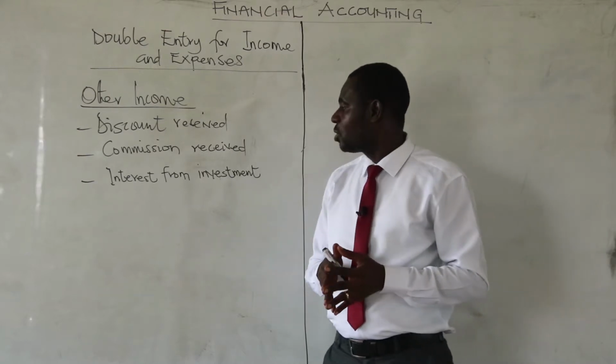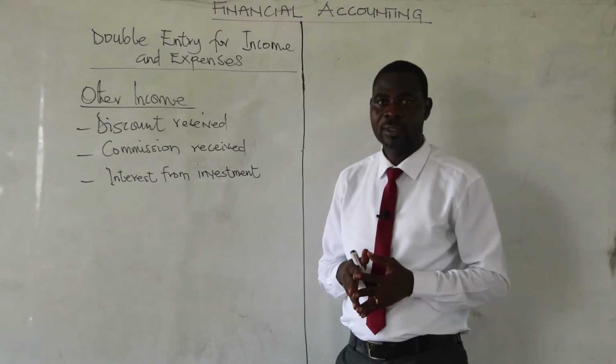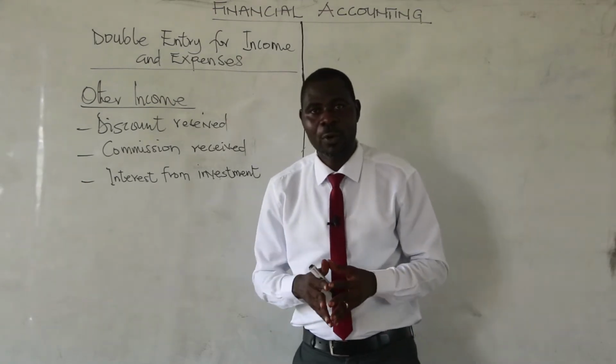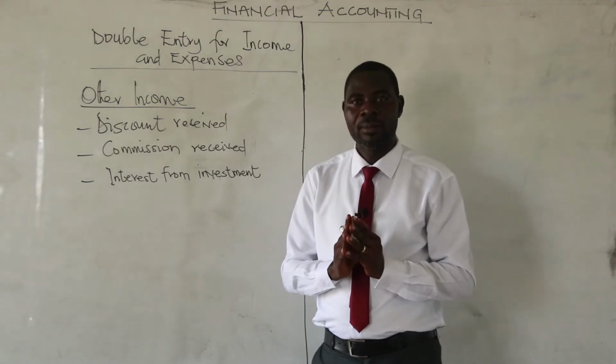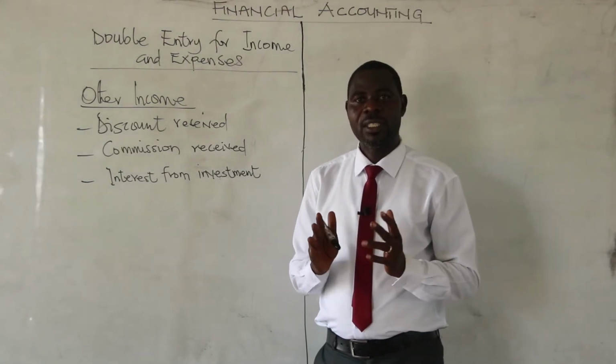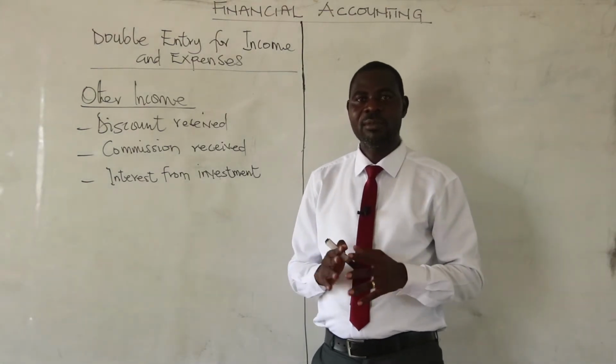And when this interest is earned, we must recognize it in the books of account. So as we have already established, we credit all income. Whenever we receive the cash for the income, we credit that particular income account.